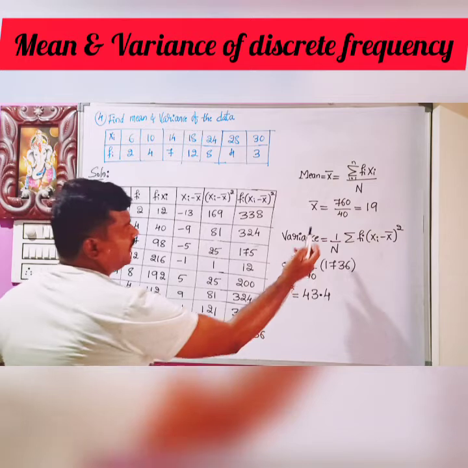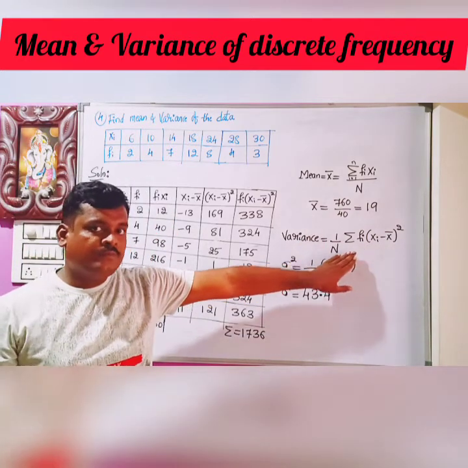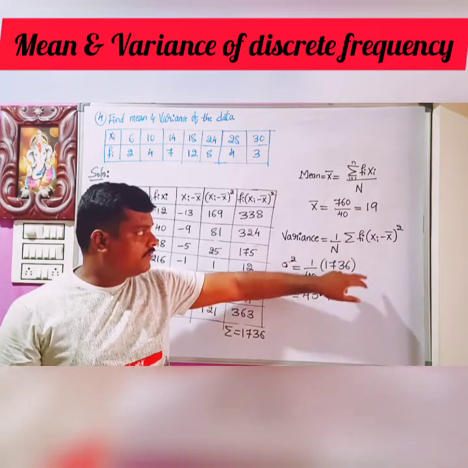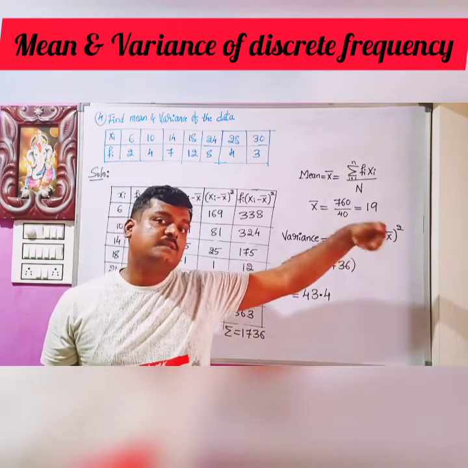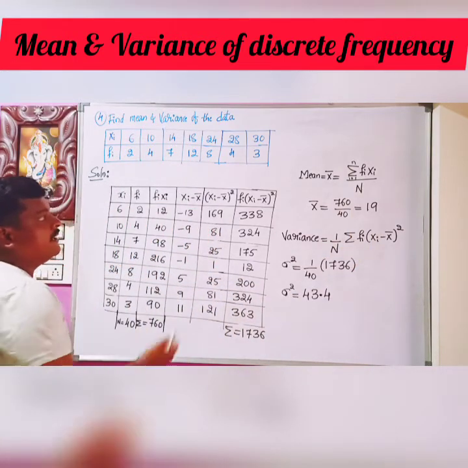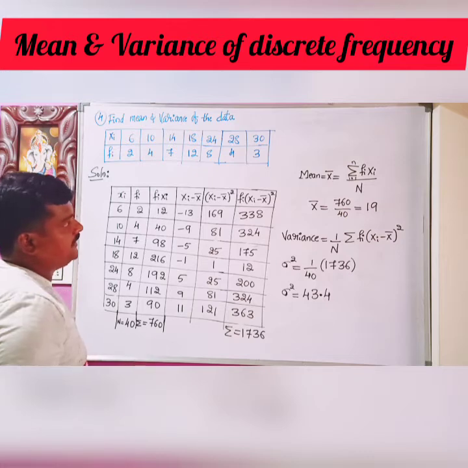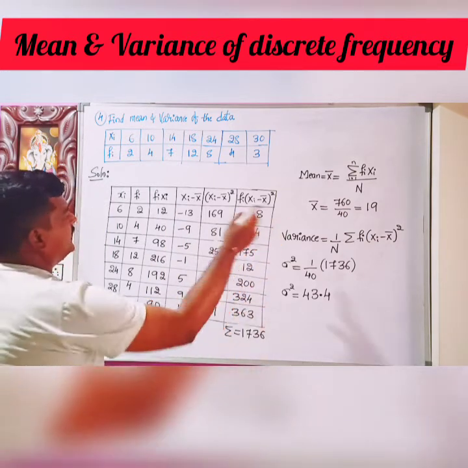Next, after finding the mean, we can find the variance by using this formula. What is the required thing in this formula? fi into (xi minus x bar) whole square. We need xi minus x bar first. X bar means the mean, which we have got as 19.